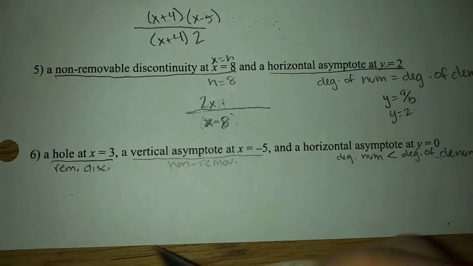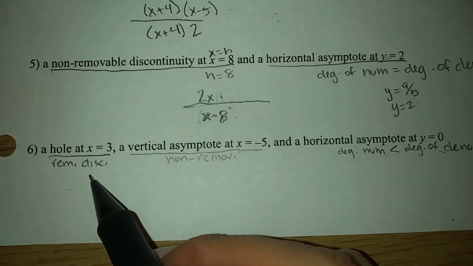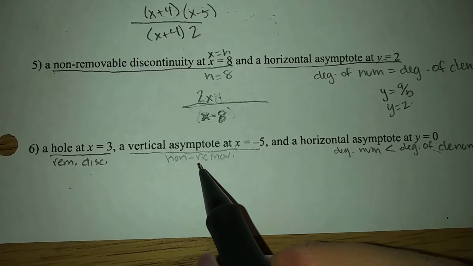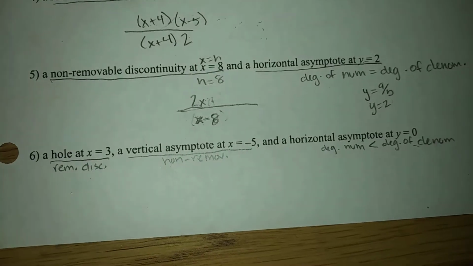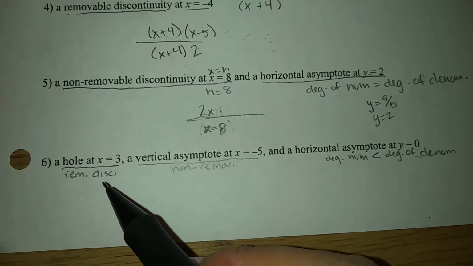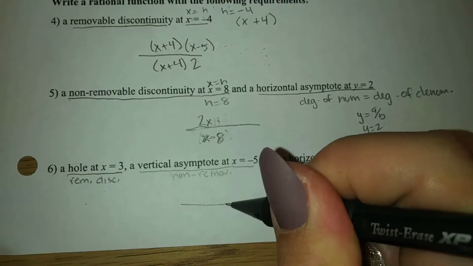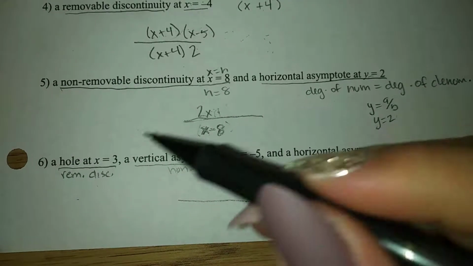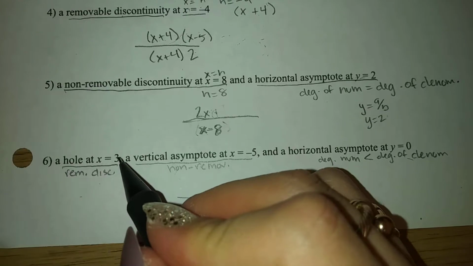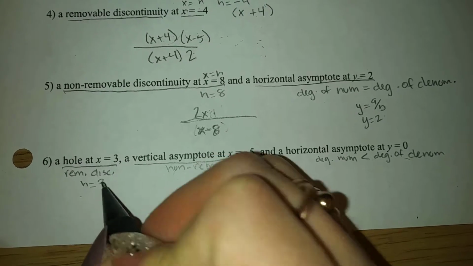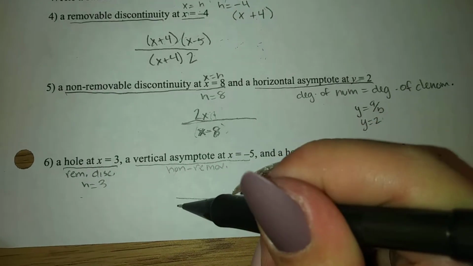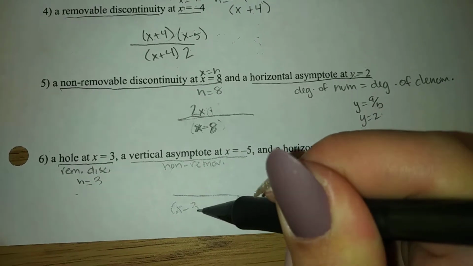So we have a removable discontinuity and a non-removable discontinuity in the denominator. All that means is that the removable one we'll write first, right? It's all in the denominator. Removable, x equals h equals 3. So down here, I'll have x minus 3.